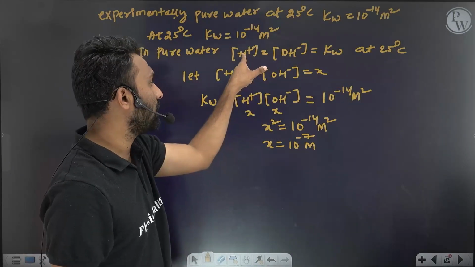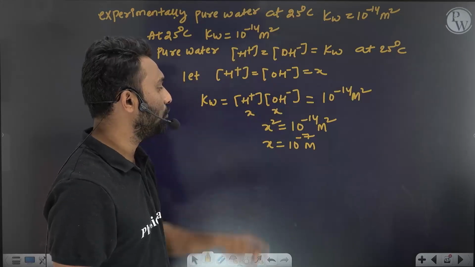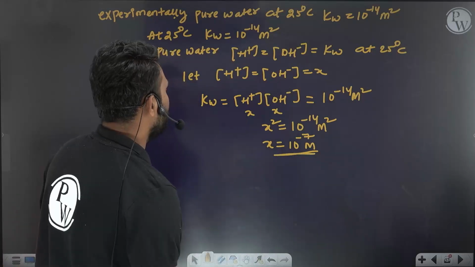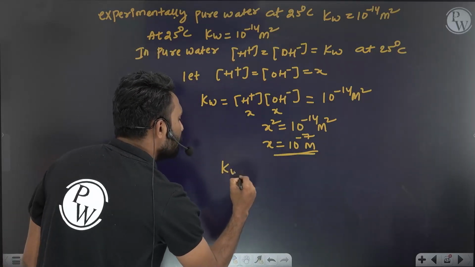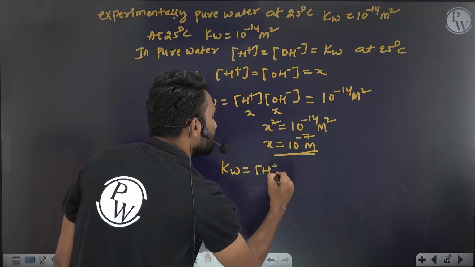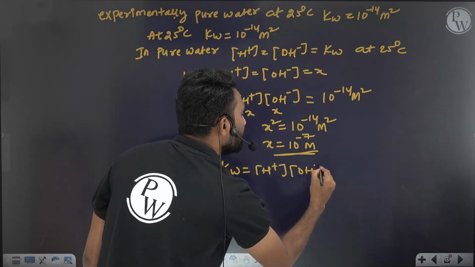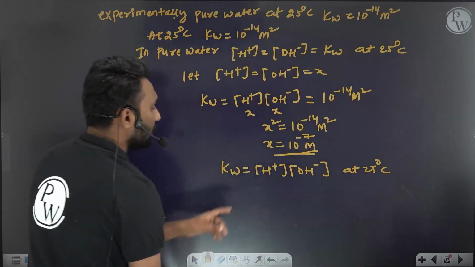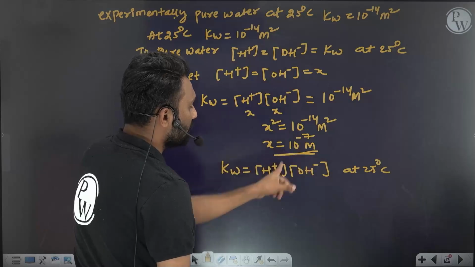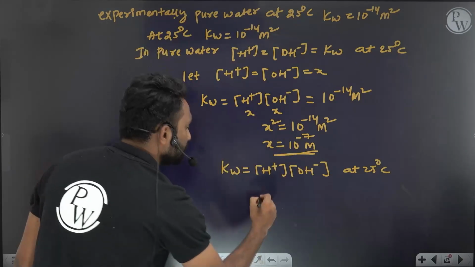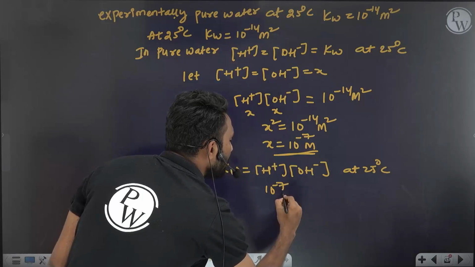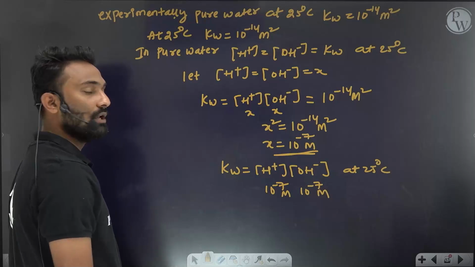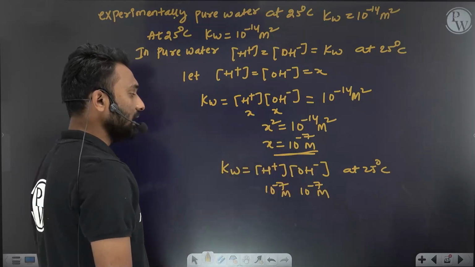In pure water at 25 degrees centigrade, the H plus ion concentration and the OH minus ion concentration are both 10 to the power minus 7 molar. Kw is equal to the concentration of H plus, 10 to the power minus 7 molar, and the concentration of OH minus, 10 to the power minus 7 molar.